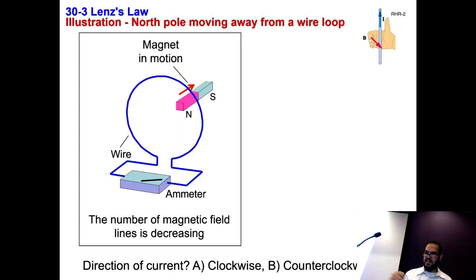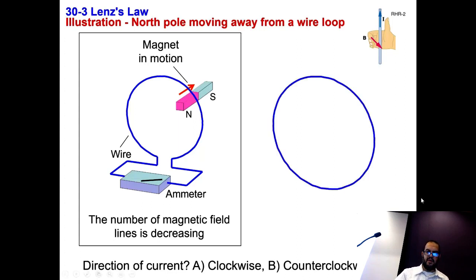So here, the magnetic field is still in this direction, but it is decreasing. The flux, hence, is decreasing. So the induced EMF is opposing that. Since it's decreasing, the induced field is going to be something like this. It opposes the change. Okay?